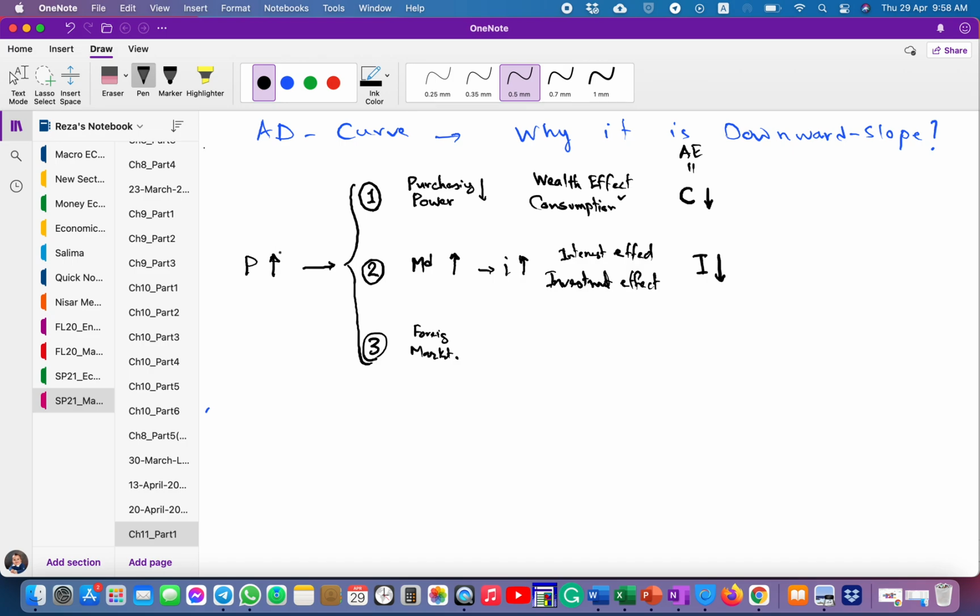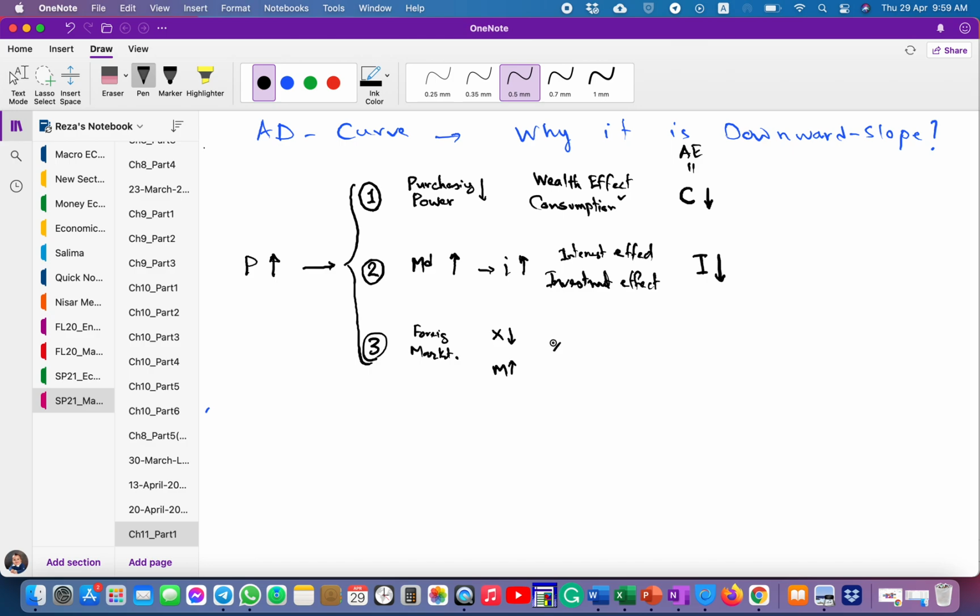So this is the domestic price level, and let's assume the foreign inflation, the inflation in our neighboring countries or at international level, is not changed. So the export of the economy will drop because foreigners are not going to buy from us, so the inflow of money is not taking place, and our import from them is increasing.